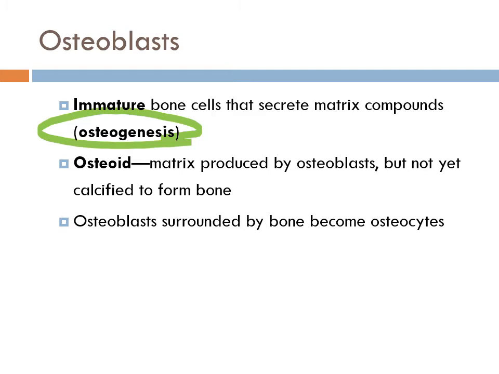So osteoblasts create osteoid, and then the osteoid calcifies and forms the matrix of bone. Osteoblasts can build too much bone and surround themselves by bone and then differentiate into osteocytes. So osteoblasts are bone builders. Building of bone is osteogenesis.